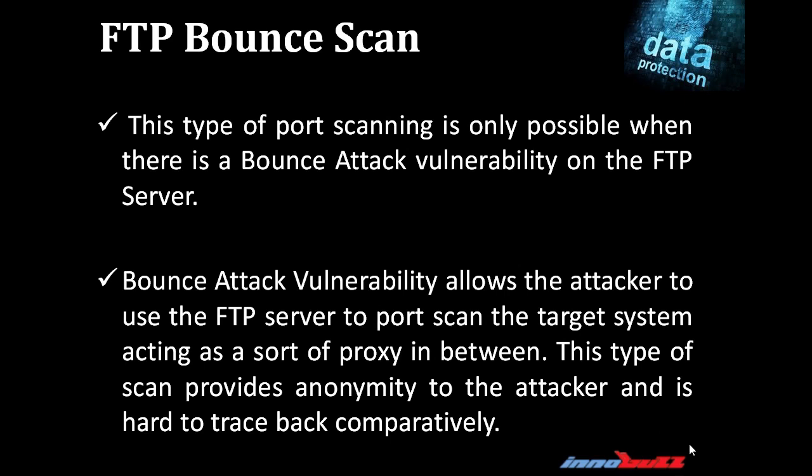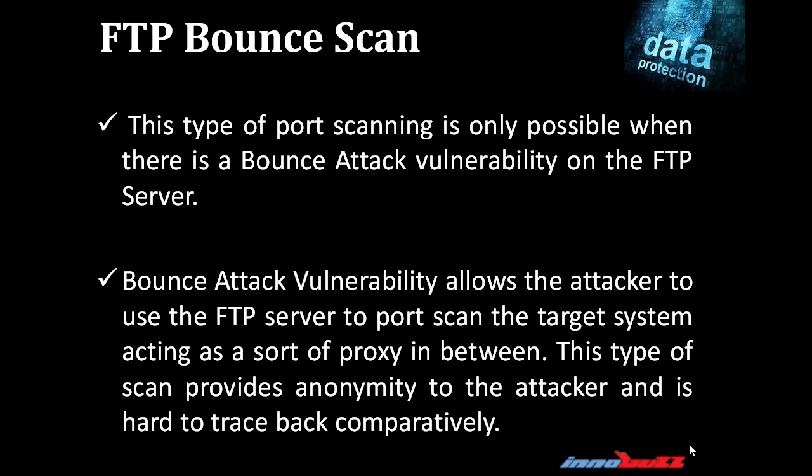Next scan is FTP Bounce Scan. This type of port scanning is only possible when there is a bounce attack vulnerability on the FTP server. Bounce attack vulnerability allows the attacker to use the FTP server to port scan the target system, acting as a sort of proxy in between.